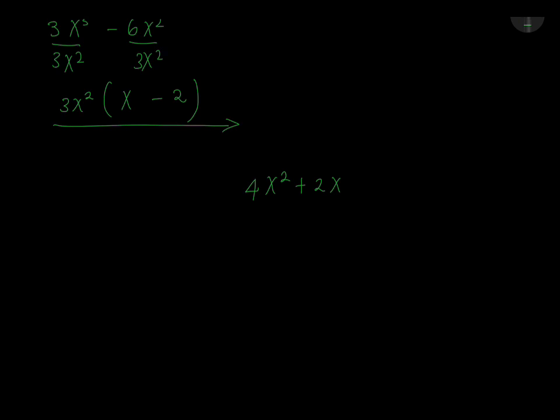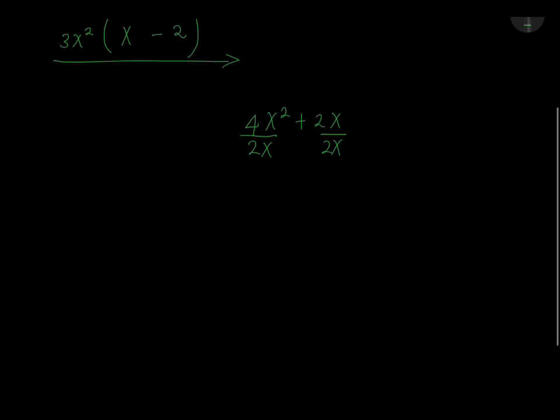Notice that x is the variable with the lowest exponent, so we're gonna divide both terms by x. We're also gonna look at the coefficients 4 and 2 and ask ourselves which one is the smallest. Notice that 2 is the smallest, so we're gonna divide by 2. So 2x will be our common factor.